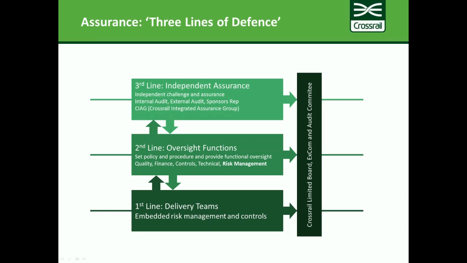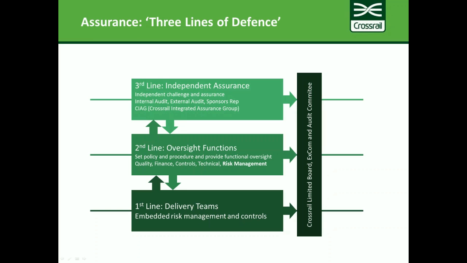We work very closely with our internal audit, external audit, with sponsors' representative, and a group which brought together all the other independent assurance organisations across our integrated assurance group, and worked very closely with those organisations to provide assurance. And a lot of the sponsors particularly and funders found it very important that Crossrail understood what its risks were and was managing those risks and could evidence that it was managing those risks.